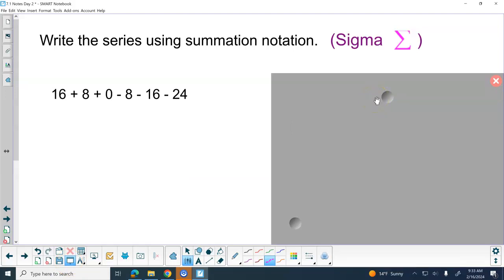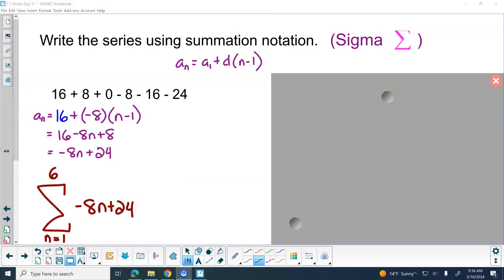There you go. Write that one in sigma notation. I get that. Sigma from n equals 1 to 6, because there's 6 terms. And then my rule is negative 8n plus 24. Agreed?